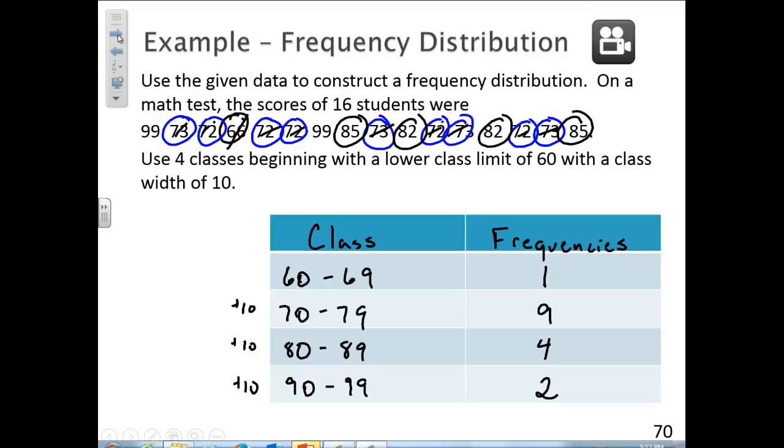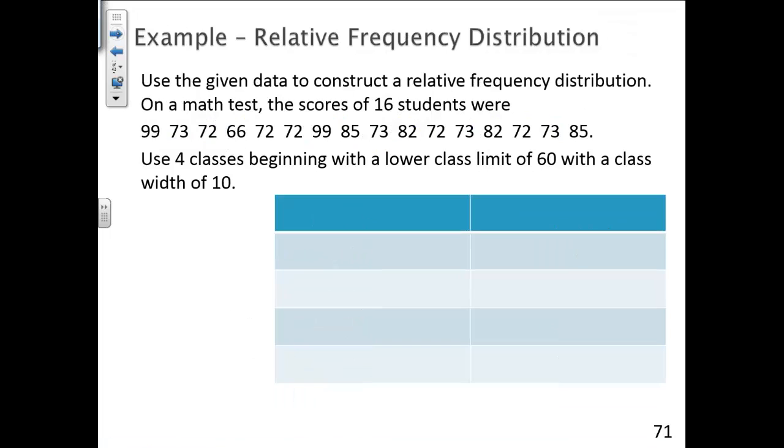Now we're going to use that same information on the next slide to build a relative frequency distribution. So again, let's label our class. And then we're going to do relative frequencies.